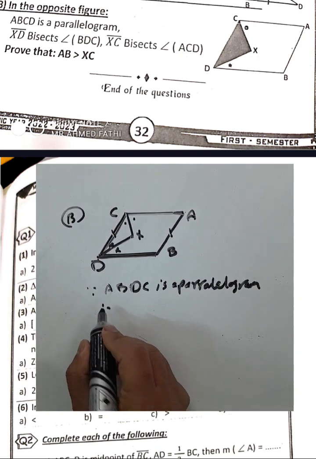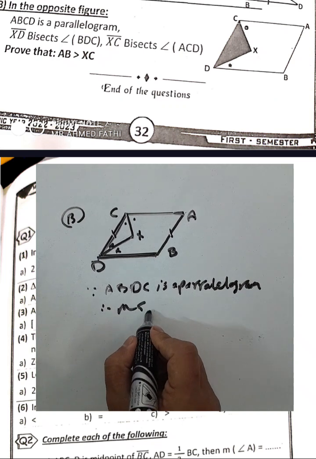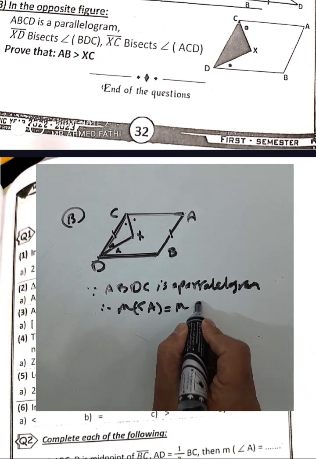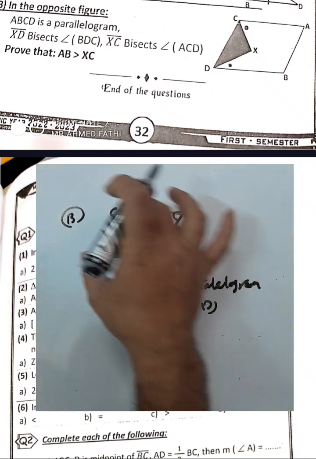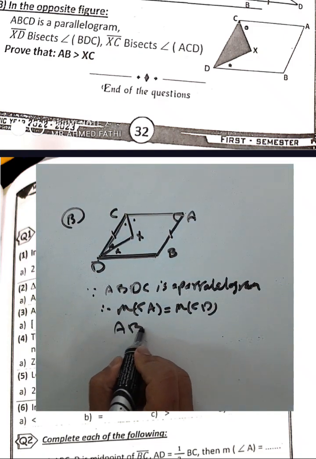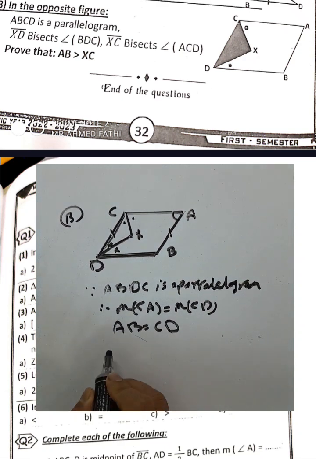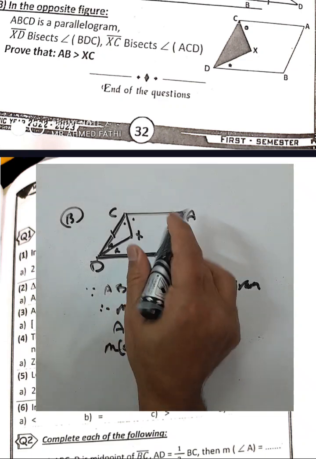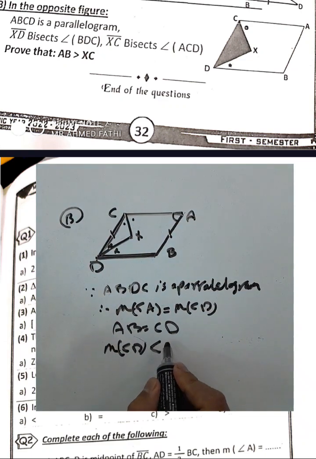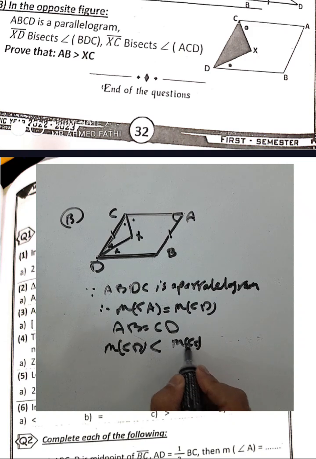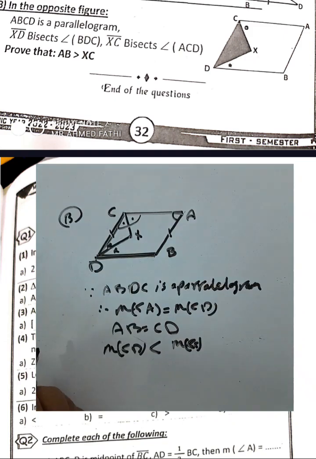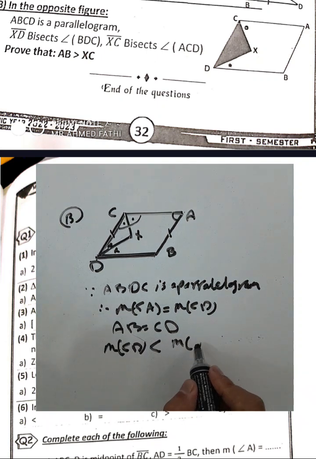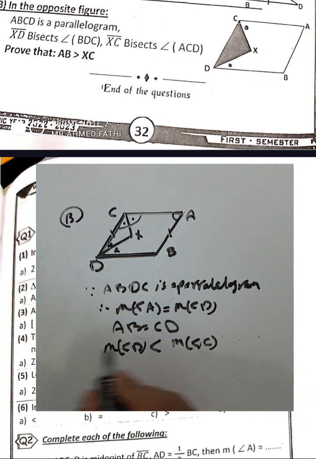Then the measure of angle A will be equal to the measure of angle D. Each opposite angles are equal in measure, and each opposite sides are equal in length. And AB will be equal to CD. And the measure of angle D will be less than the measure of angle C, because this angle is obtuse and this one is acute.